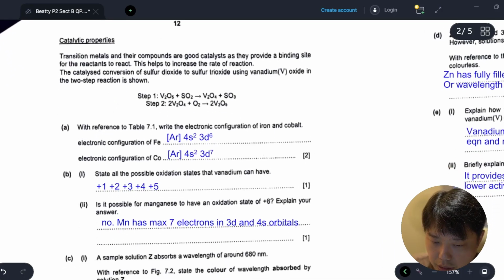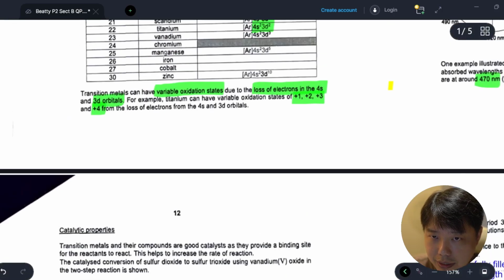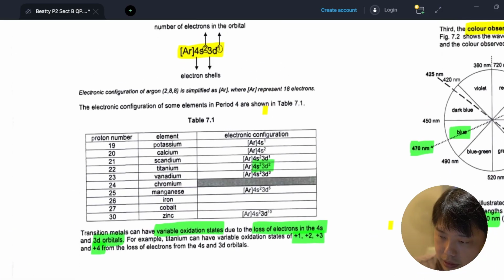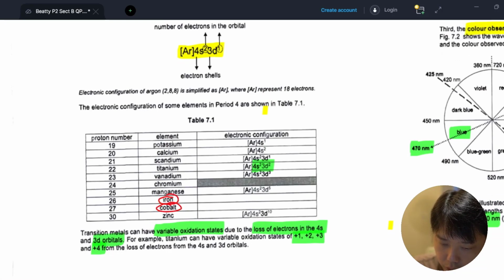So the first part they ask: with reference to Table 7.1, write down the electronic configuration of iron and cobalt. You have them here, iron and also cobalt, with their proton numbers. You notice that they are just 1 and 2 above manganese.